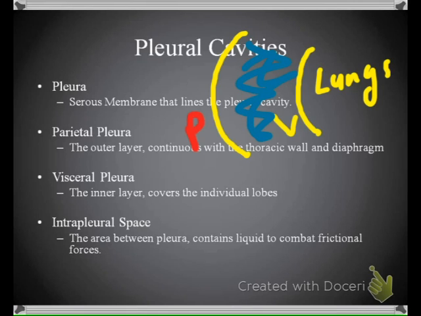And to combat the frictional forces which could potentially cause a great deal of damage to the lungs, there's fluid that lines this which helps reduce this frictional force and allows the lungs to expand and contract at proper rates. And so without this fluid, respiration becomes very painful and becomes almost impossible. And so keep that in mind, the difference between the parietal and visceral pleura.